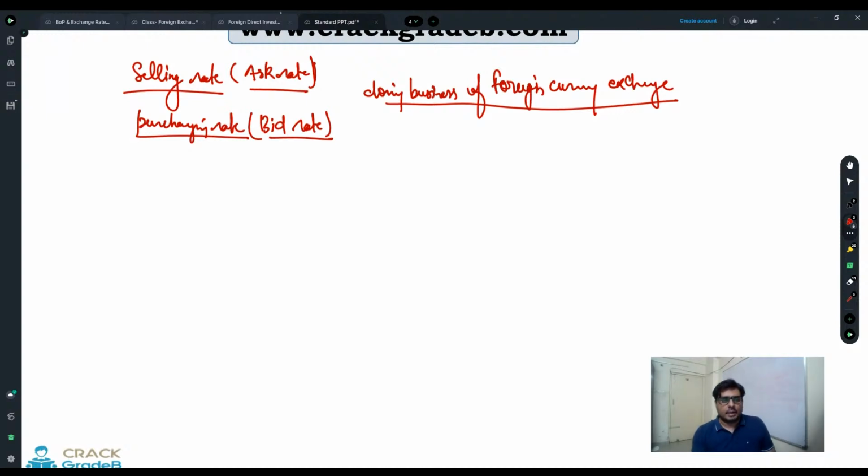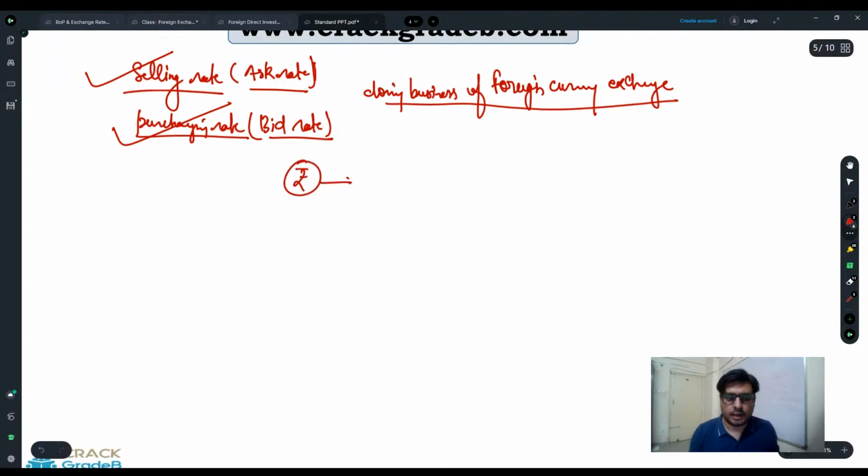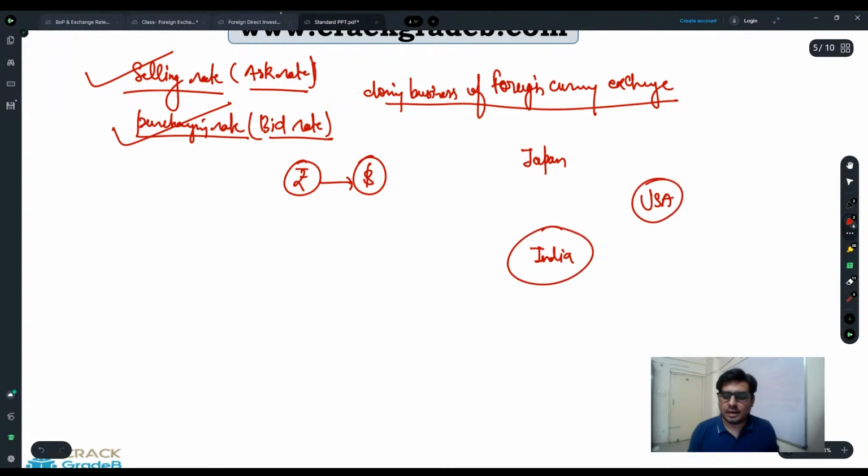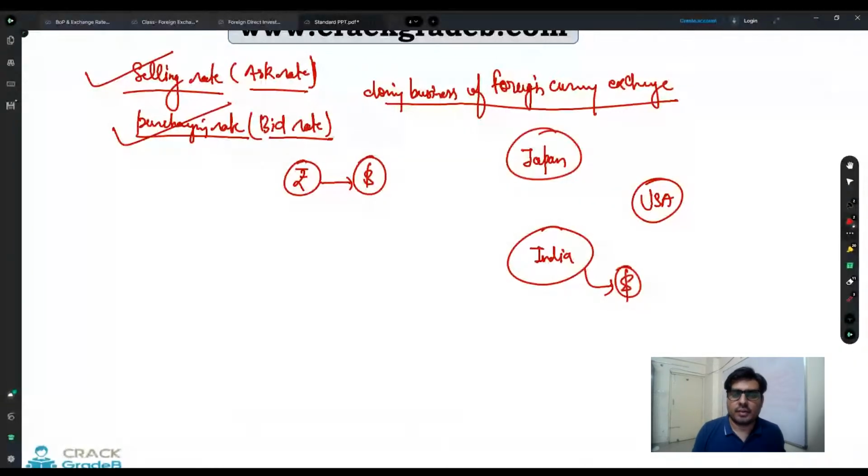So now, either you are selling or you are purchasing, but when you find an opportunity, for example, in the value of rupee and dollar across Japan, India, USA, you find that okay, I will purchase dollars in India, and I will sell those dollars in Japan against the yen.